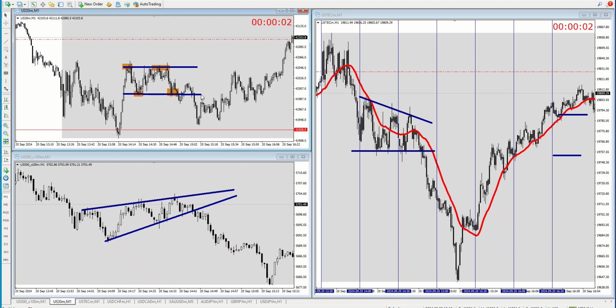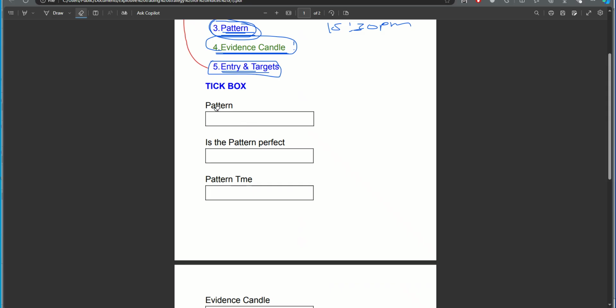What pattern do you see? Rectangle. I see a rectangle, so you can just write here rectangle. Is it perfect? No. Why is it not perfect? It doesn't have three touches for me. Three touches.